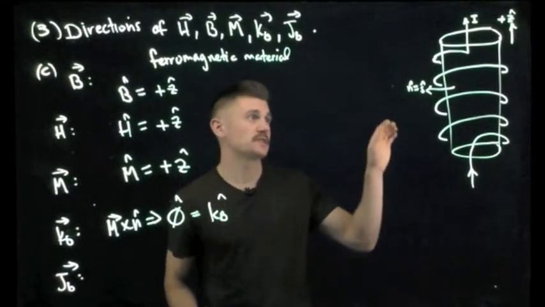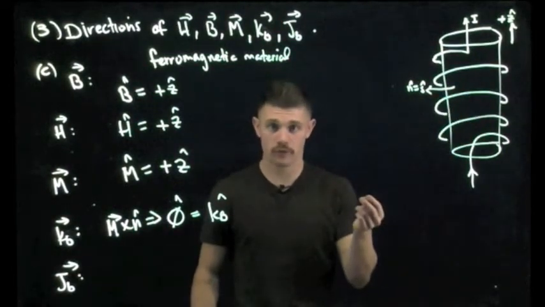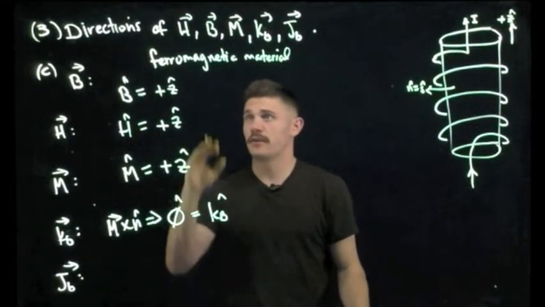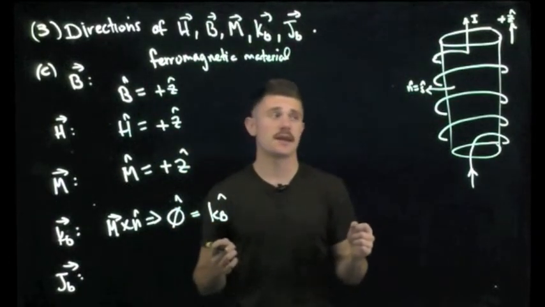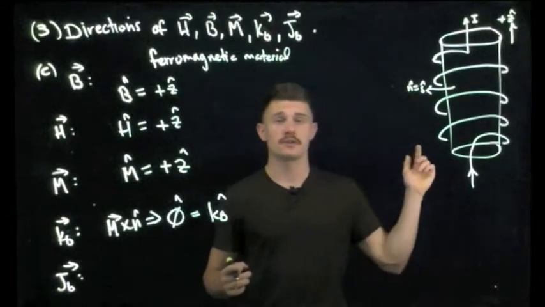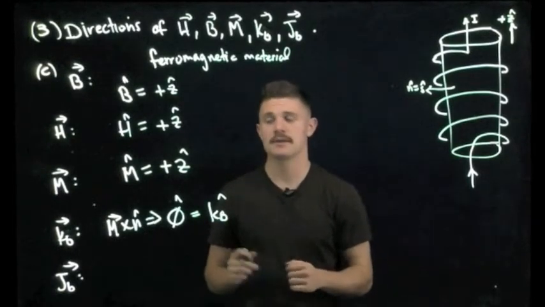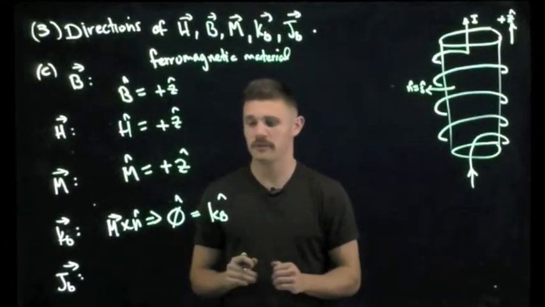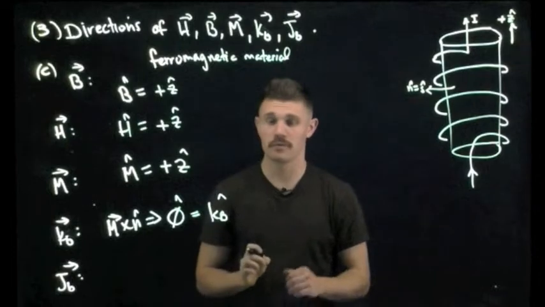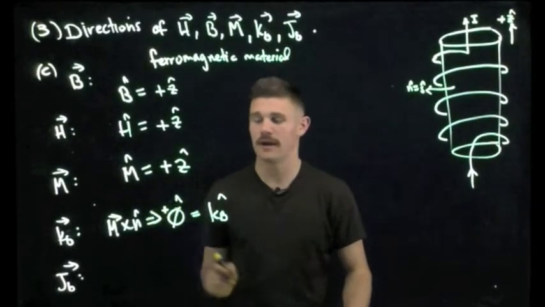And of course, again, we can see that the bound surface current density will be flowing in the direction of the free current, and essentially this ferromagnetic material will work to enforce that current. We're going to induce a bound surface current that's flowing with the free current, similar to the paramagnetic material case, due to the alignment of all those domains of the magnetization, and this current will be flowing with the free current in the positive phi hat direction.